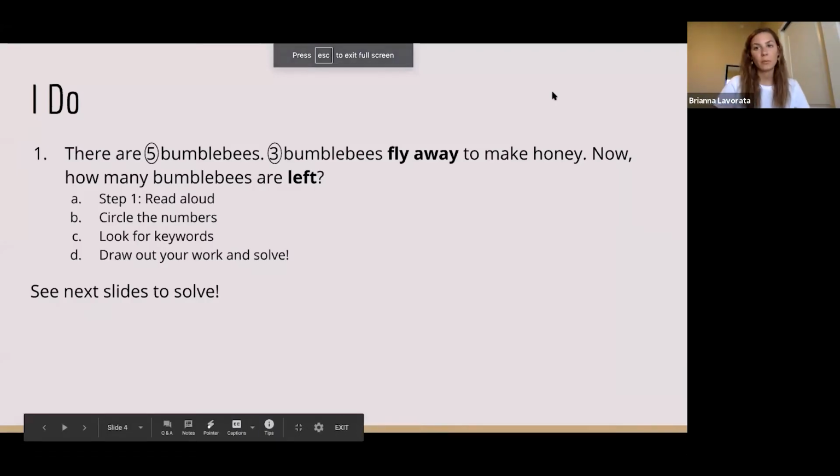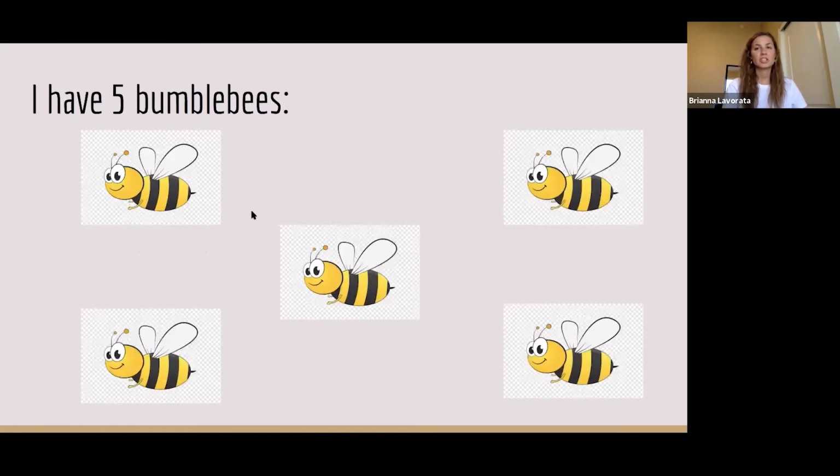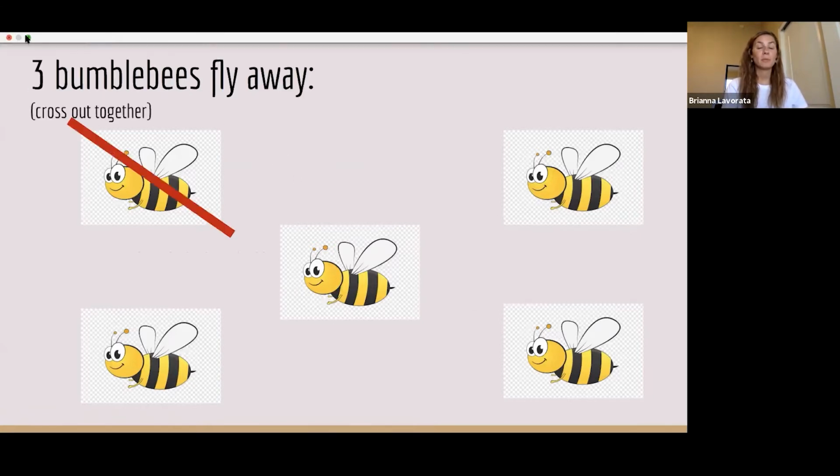Okay, so let's read that one more time. It says there are 5 bumblebees. 3 bumblebees fly away to make honey. Now, how many bumblebees are left? Let's go ahead and see. So I started with 5 bumblebees. 1, 2, 3, 4, 5. 3 bumblebees are flying away.